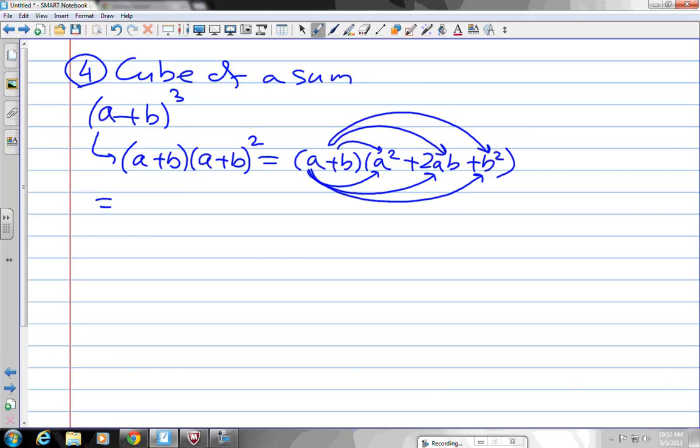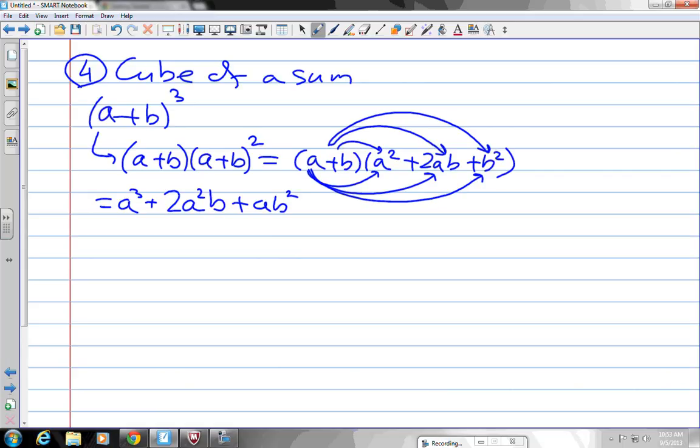But if we do the FOIL, a times a squared is what? A cubed plus a times 2ab. What will that give? What is squared? Well, b is not squared, right? Because it's just 2ab, so that just stays the same. So 2a squared b plus a times b squared is just, well, a times b squared.